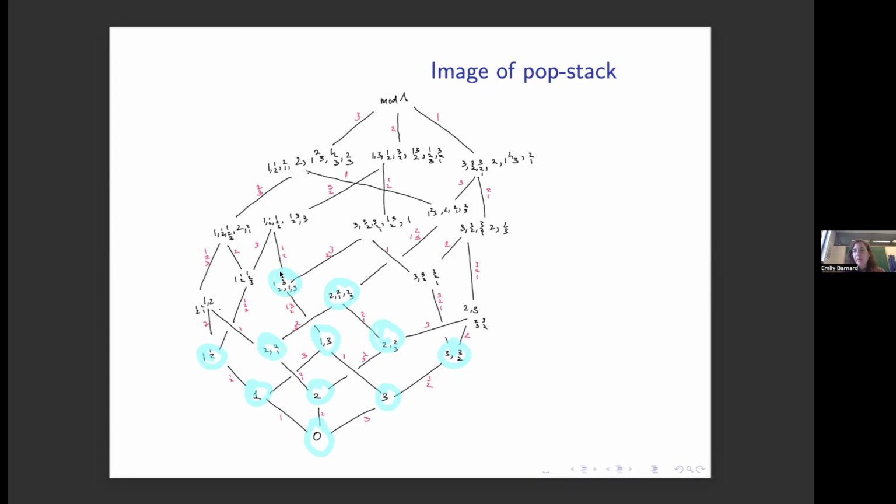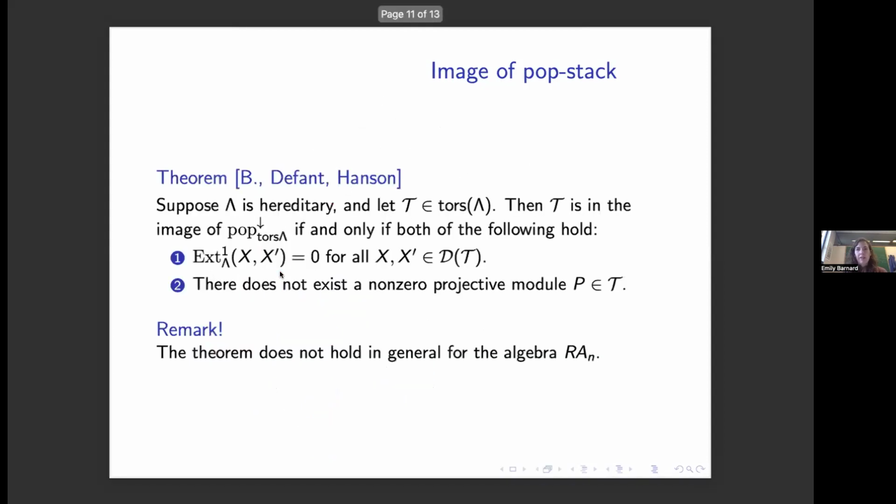Okay, so what my co-authors and I were thinking of is, is there a nice description of the image of the pop stack sorting method for tau tilting finite algebras? And we were not able to answer that question, but it turns out for hereditary algebras, this does have a really nice description.